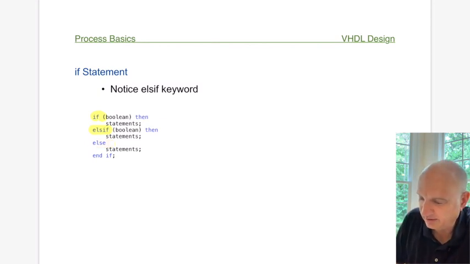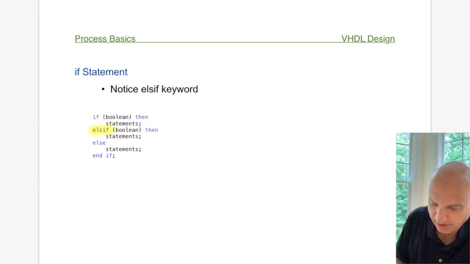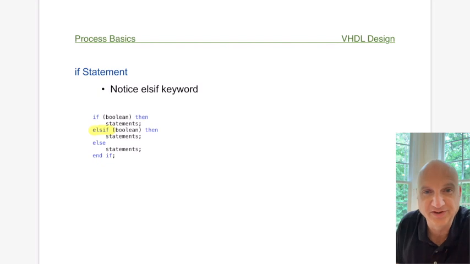The one key thing that I think is important to point out is that this word here, else if, is very unusual in the sense that they seem to have forgotten to put an E there. So it's ELSIF without the E, and that is their else if statement.